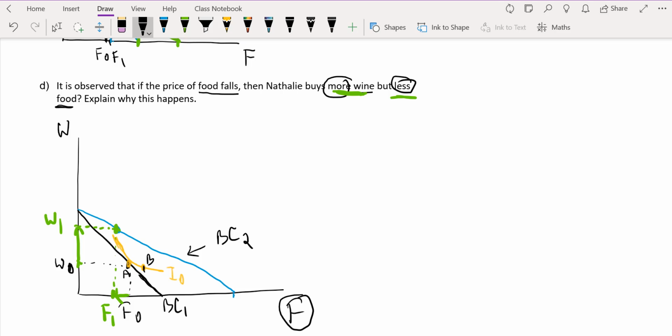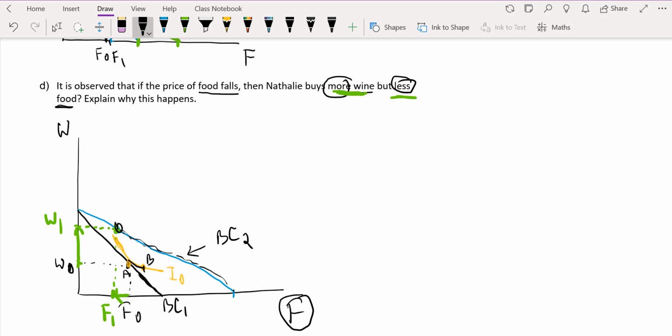This whole line here is budget constraint 1. So after the initial substitution effect, she will basically have more income, so that allows her to move to a higher budget constraint. That implies she can choose any point along this curve, and apparently she decides to choose this point.